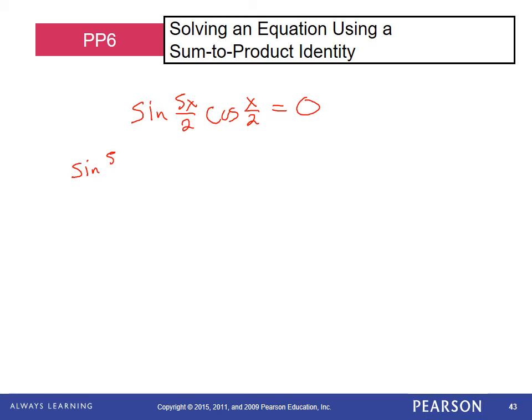So how about sine of 5x over 2 is equal to 0, or cosine of x over 2 is equal to 0. All right, we're good there now?